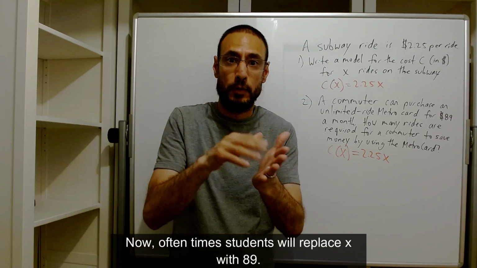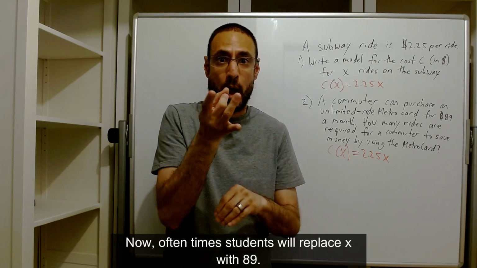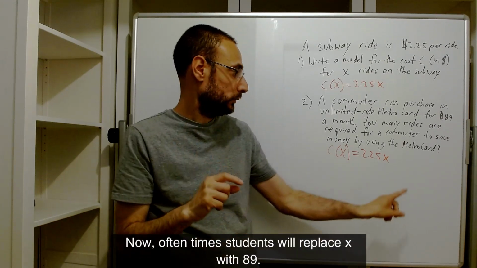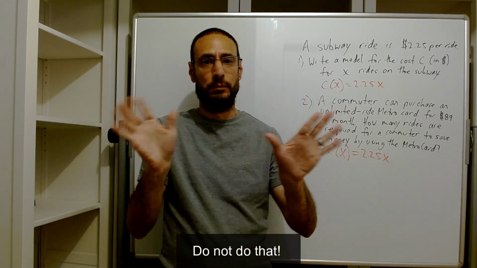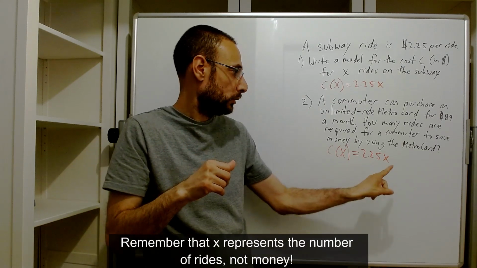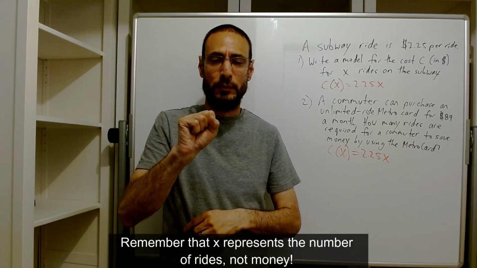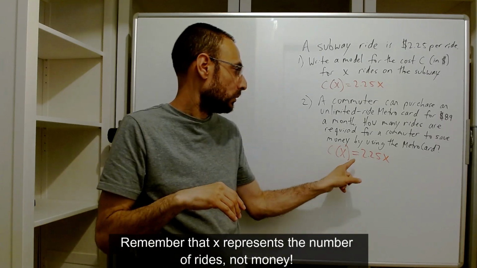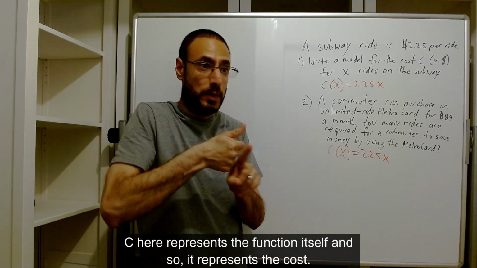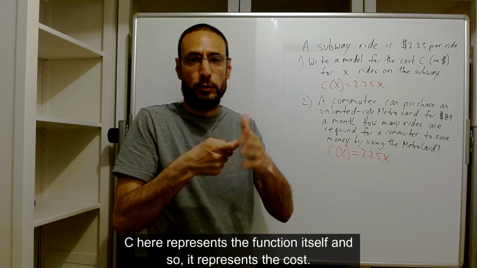Now, oftentimes students will replace X with 89. Do not do that. Remember that X represents the number of rides, not money. C here represents the function itself, and so, it represents the cost.